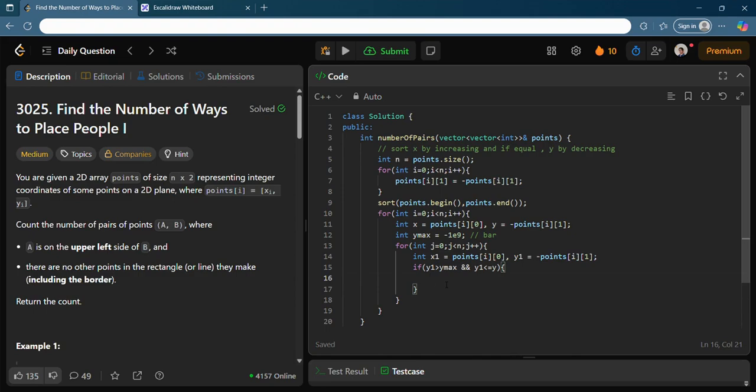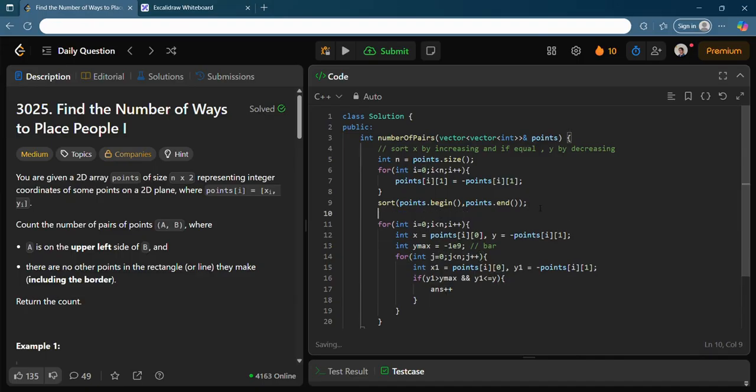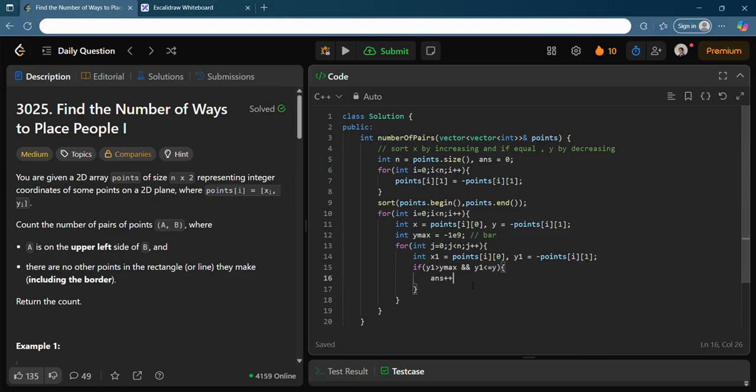So you also update your answer. Let's say you have an answer variable initialized to 0, and you increment your answer, and also definitely update your y max: max of y max comma y1.